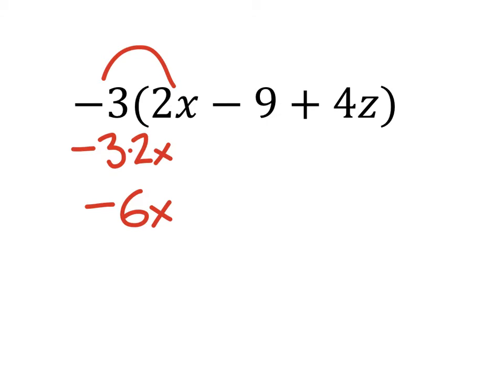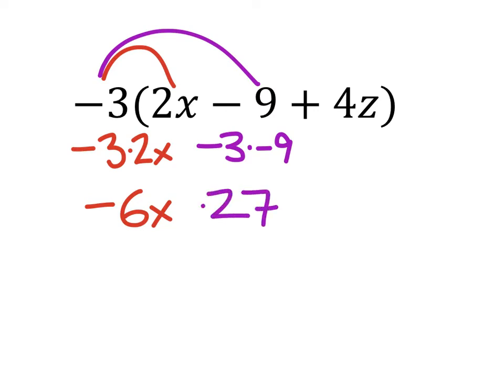You guys are going to have to tell me if the colors make it more confusing, but I'm going to distribute the negative 3 now into this negative 9, which again would make negative 3 times negative 9 right there. And negative 3 times negative 9 is positive 27, but again I'm going to show it as plus 27 in the expression.